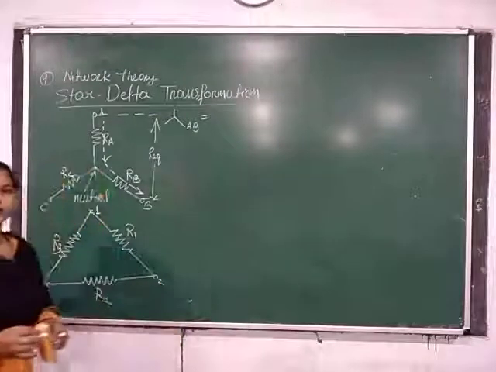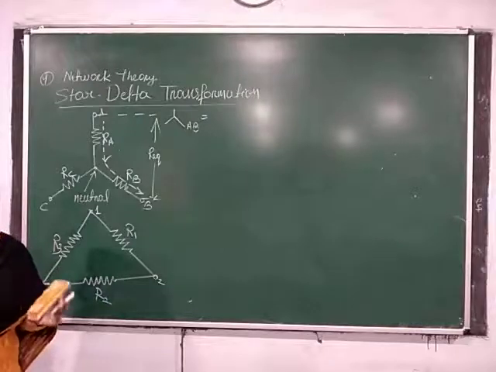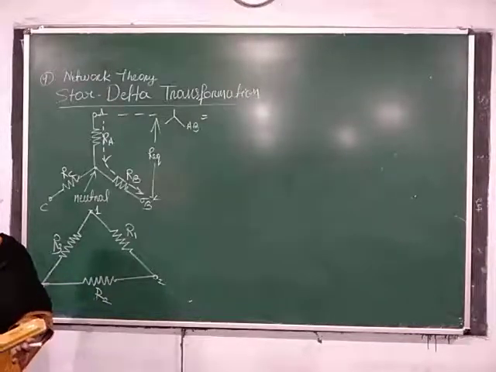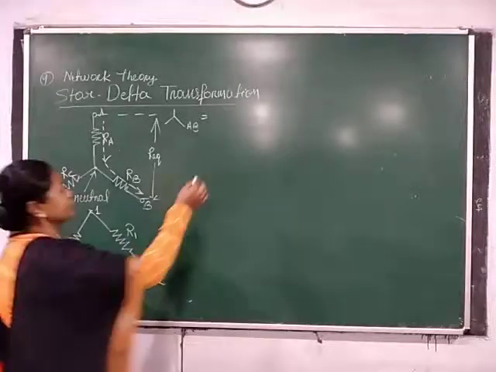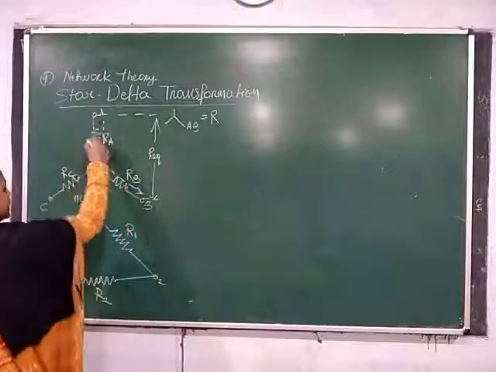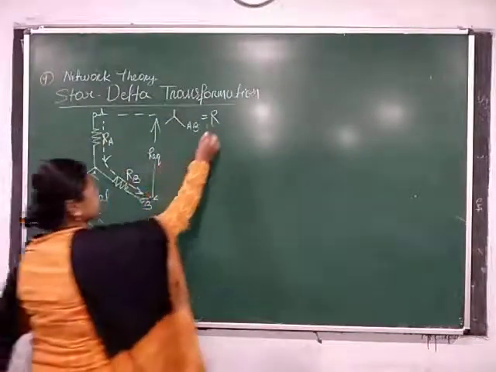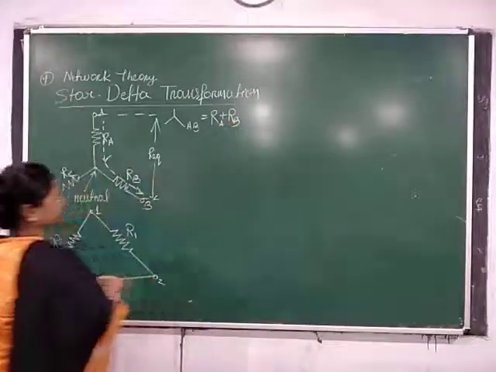You know that if resistances are in series, then their equivalent resistance is the sum of the resistances connected in series. So the total resistance between the A and B terminals is RA plus RB.